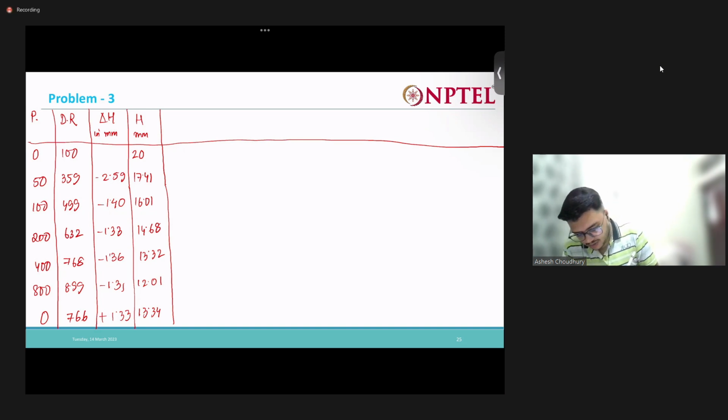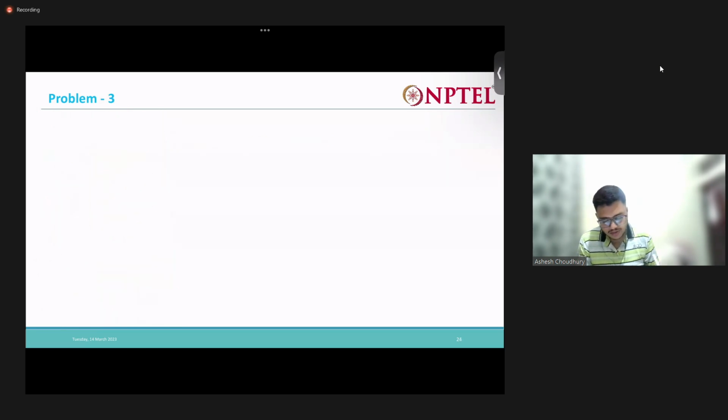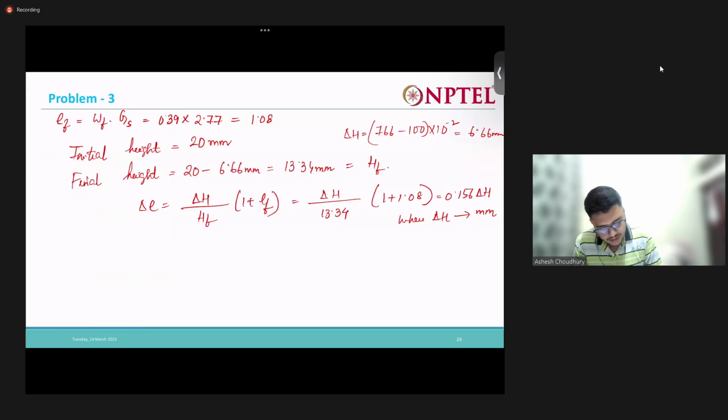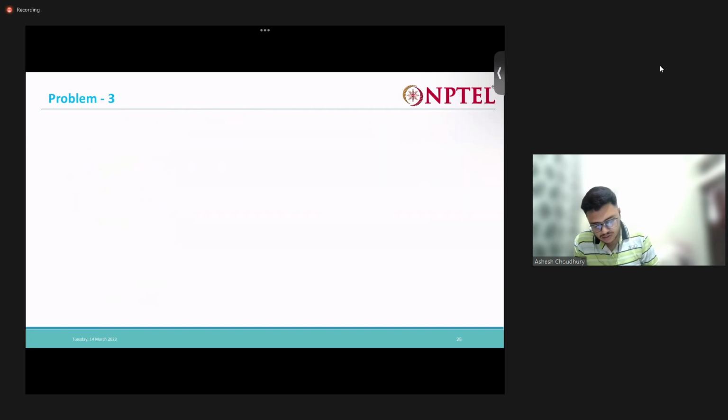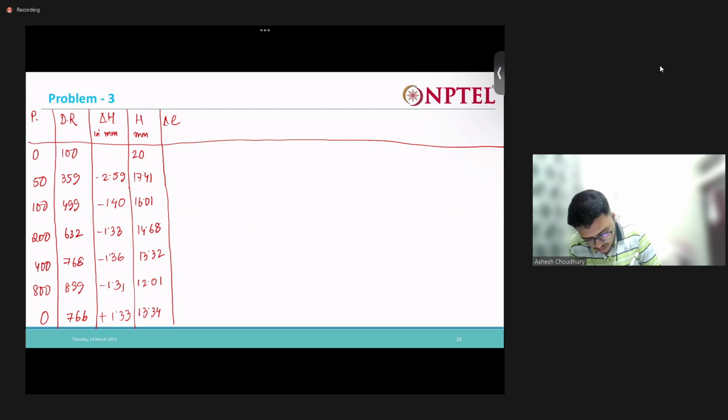Next we have my delta E, my change in void ratio. What was the relation for change in void ratio that we determined? The change in void ratio is 0.156 into delta H. If we do this, we can find out the change in void ratios, right?